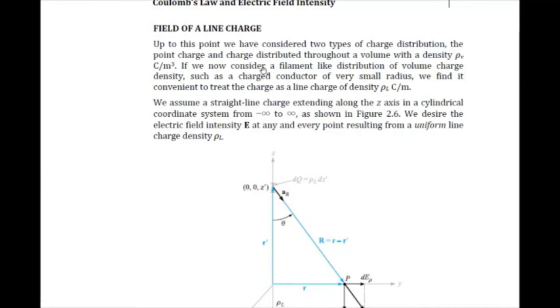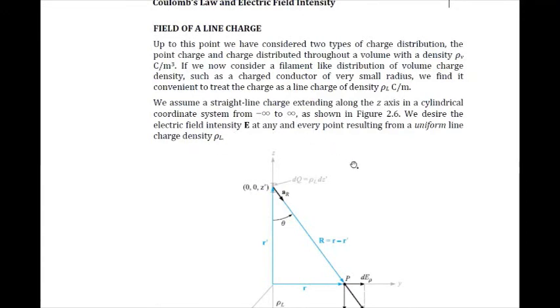If we now consider a filament-like distribution of a volume charge density, such as a charged conductor of a very small radius, we find it convenient to treat the charge as a line charge density rho L coulombs per meter.